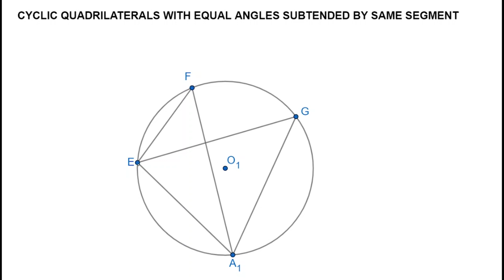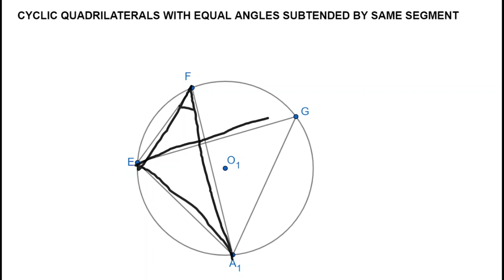Which segment are they talking about? They are talking about segment EA1. This segment EA1 subtends angle F. There is F. It also subtends angle G. There is G.